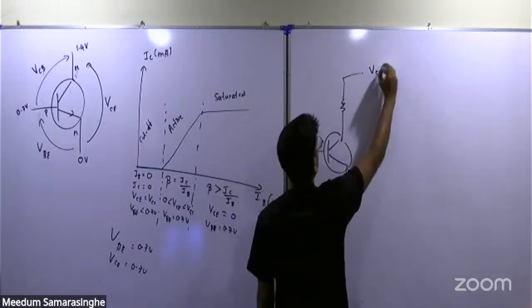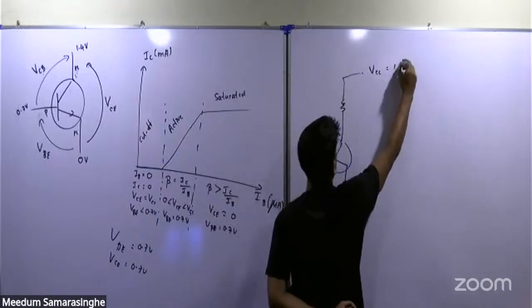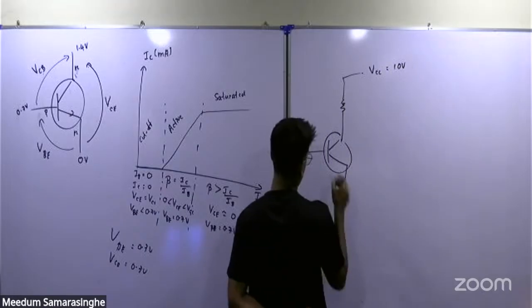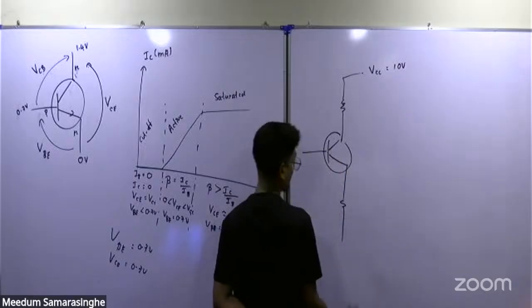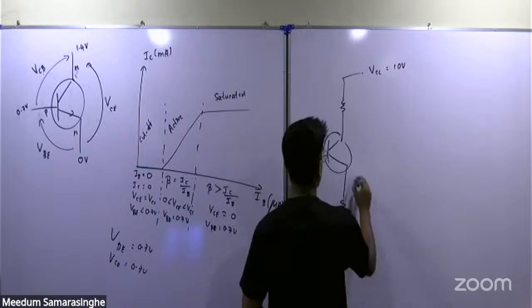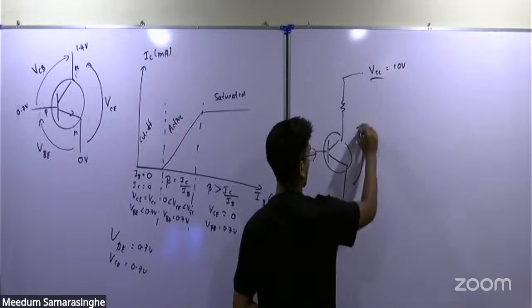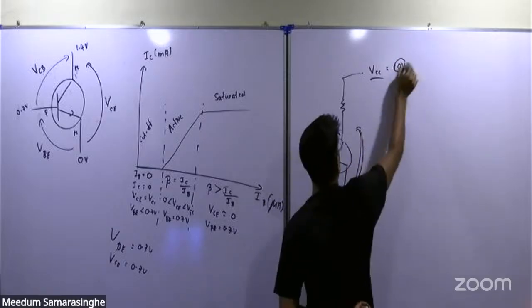Here you have VCC, let's say VCC is 10 volt. When the transistor is biased to the active region, normally we make VCE approximately equal to half of VCC.